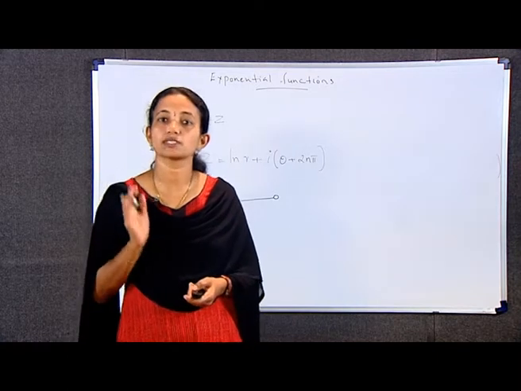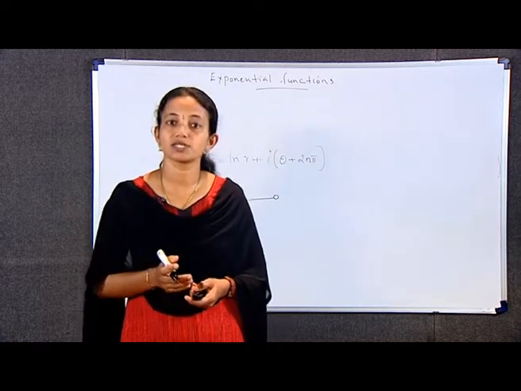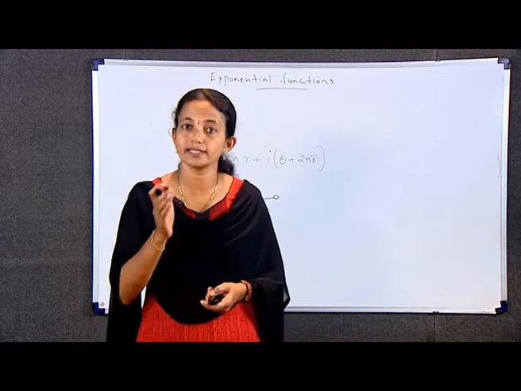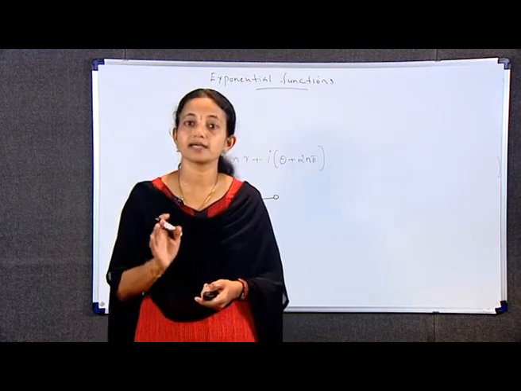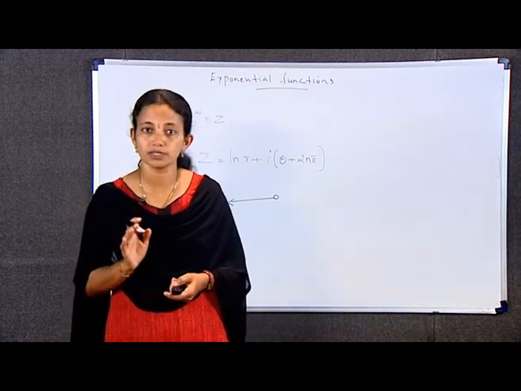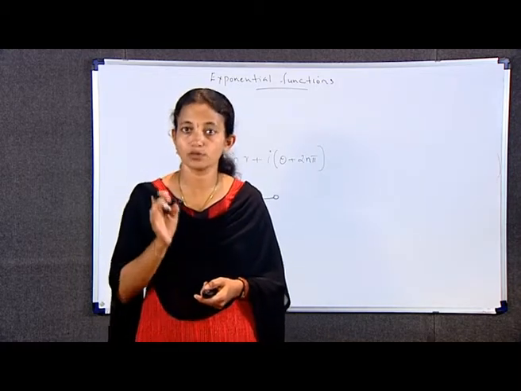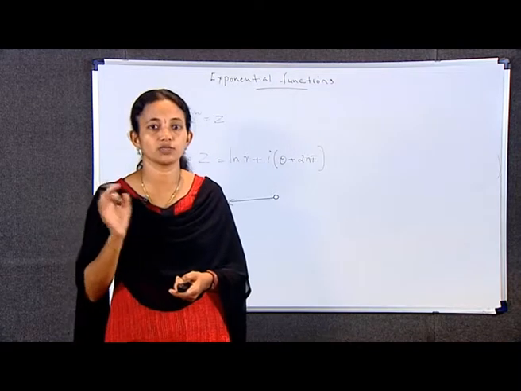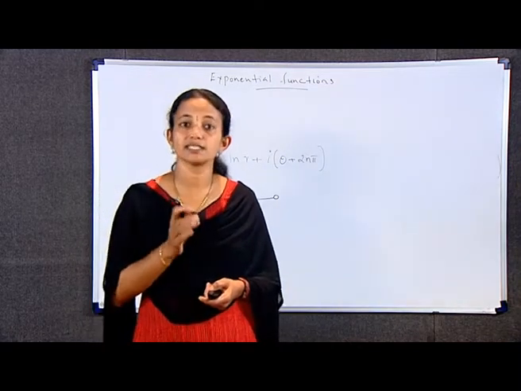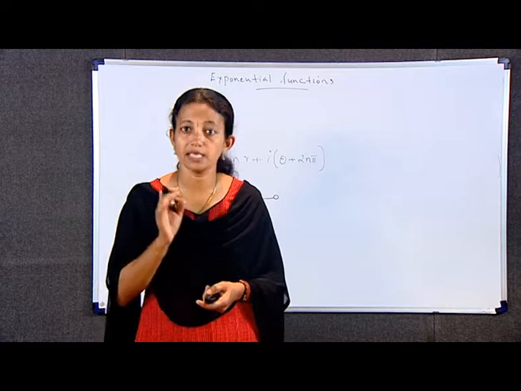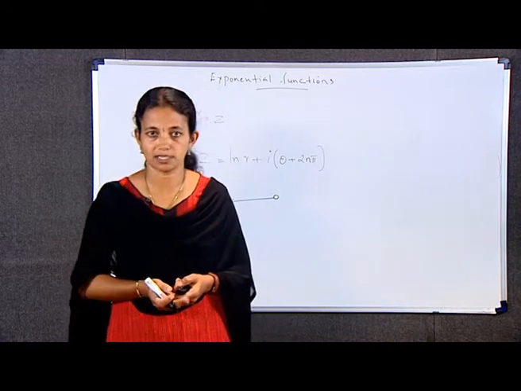If z is a non-zero complex number with exponential form z is equal to r e raised to i theta, then theta has any one of the values theta plus 2n pi, where n is equal to 0, plus or minus 1, plus or minus 2, etc., where theta is equal to the argument of z, that is the principal value of arg z.